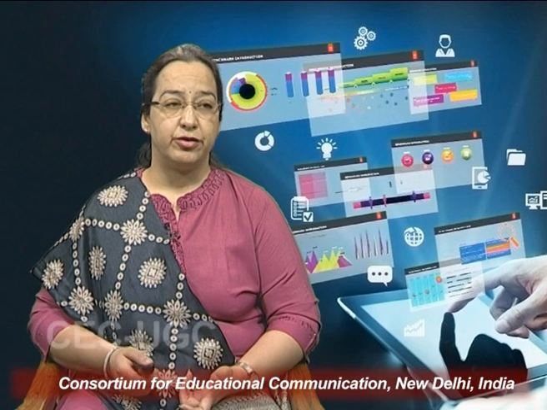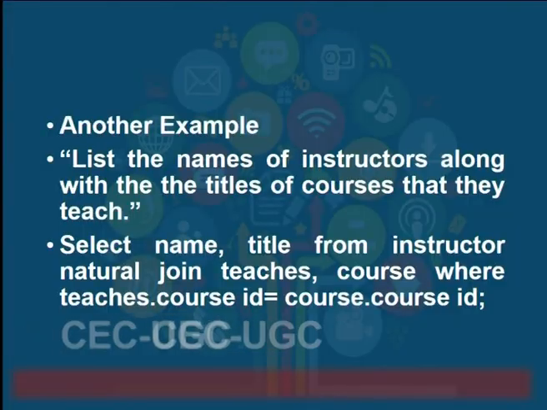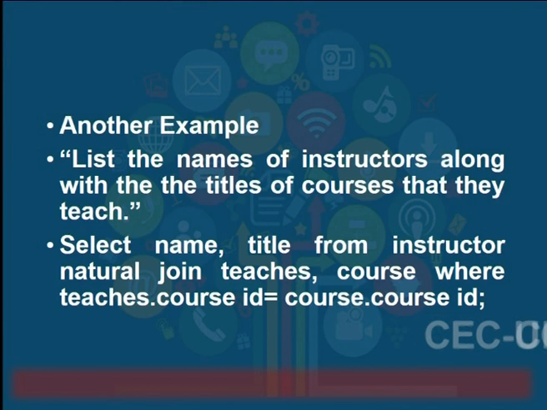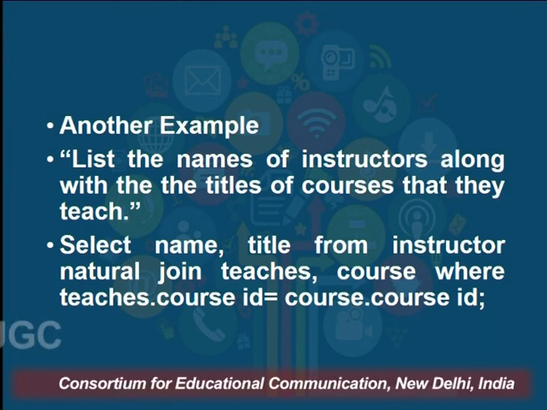So, let us take one more example which is about the natural joins. Now, we want to list the names of the instructors along with the titles of the course that they teach. So, here we have to take some information from the instructor and some information from the teachers, because the titles of the course are available under the course relation, while the names of the instructor are available under the relation instructor.